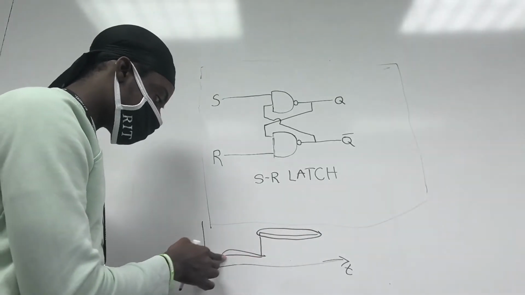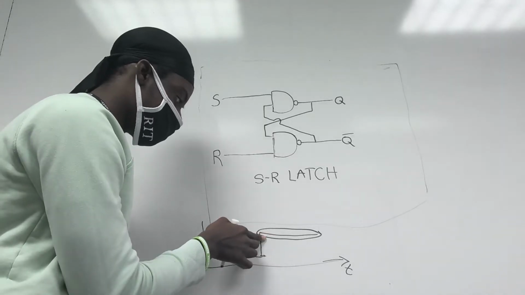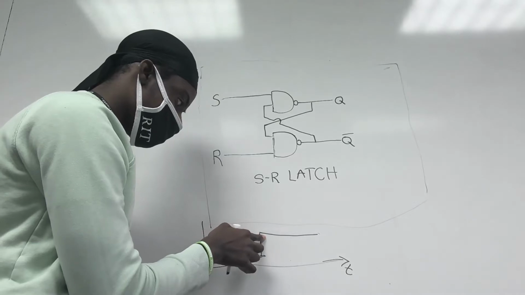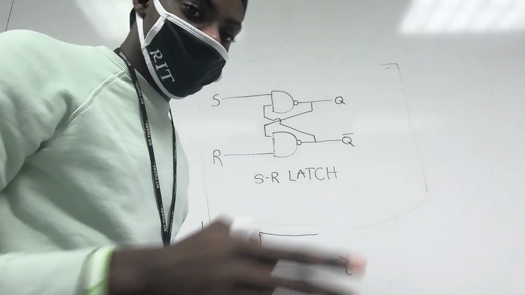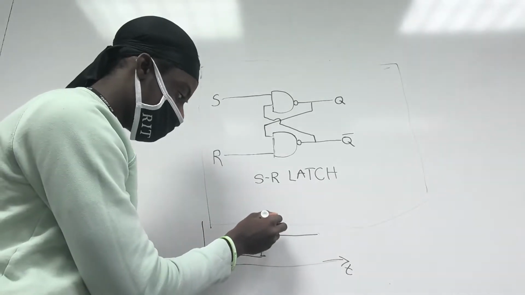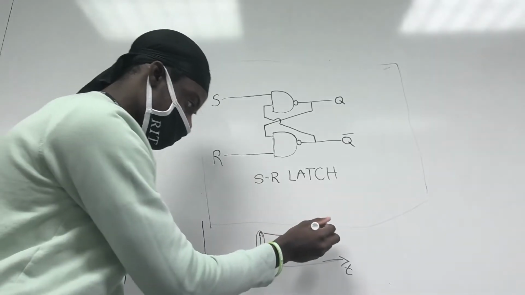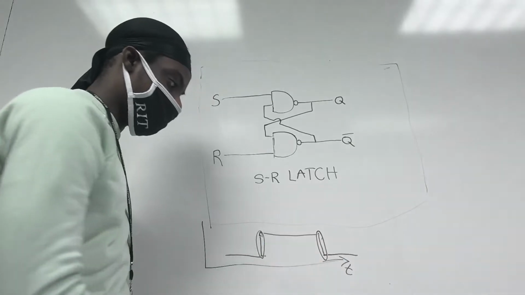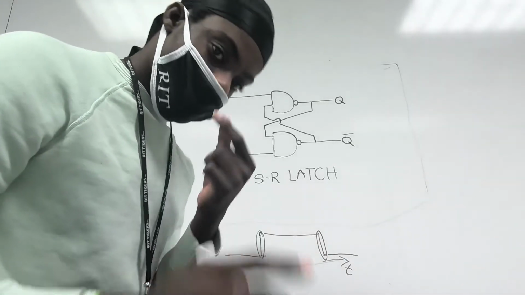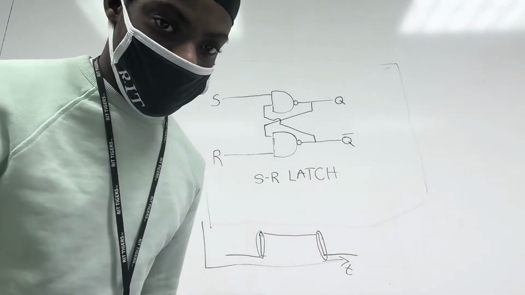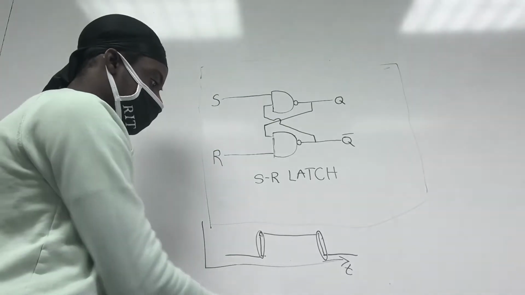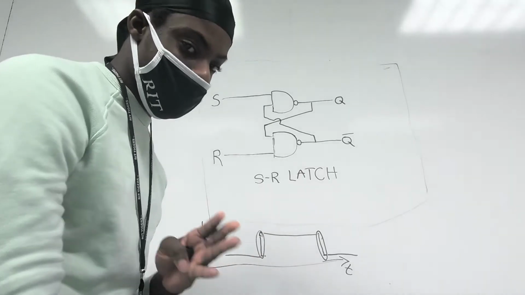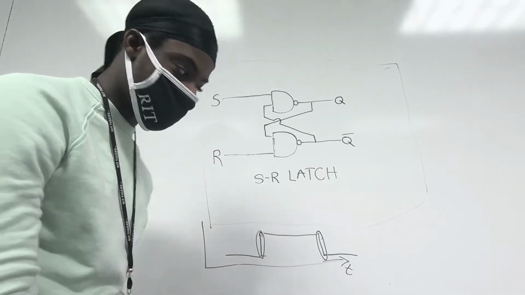But with flip-flops, when the output can change depends on whether it's the rising edge or maybe the falling edge of the clock or the signal, depending on the implementation of the circuit. So that's just something to keep at the back of your mind when thinking about the basic difference between latches and flip-flops.